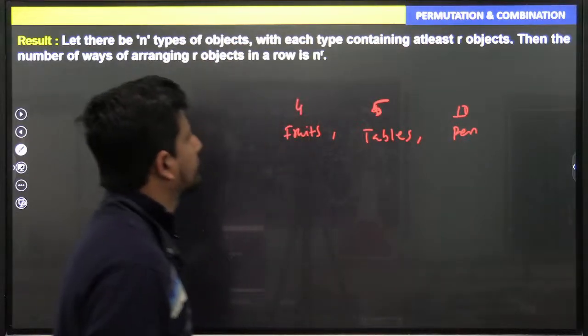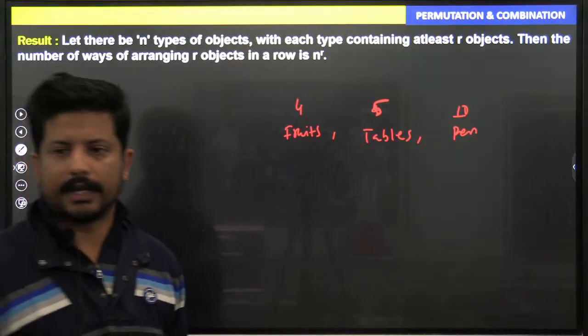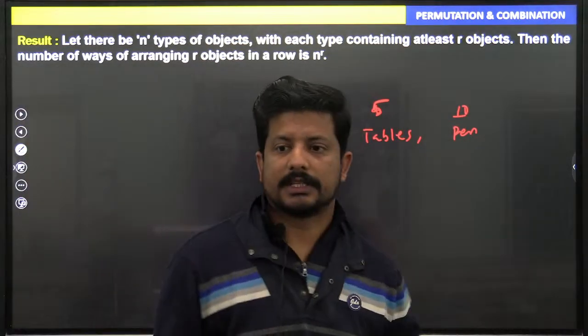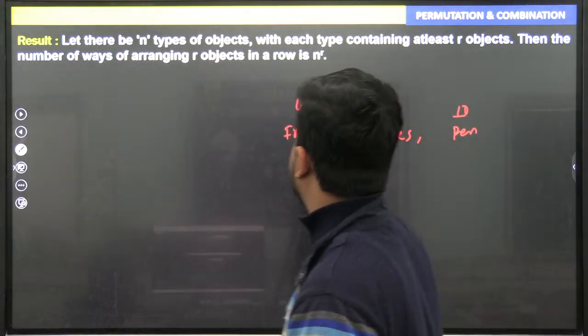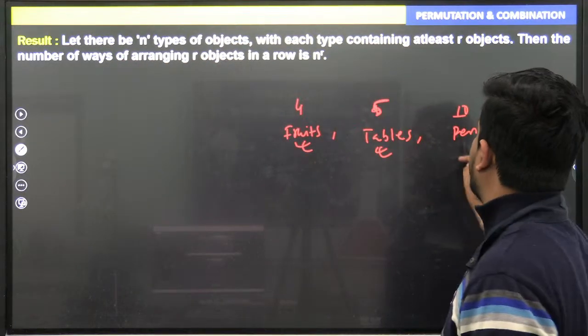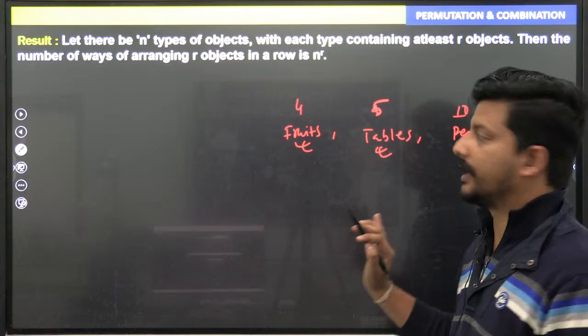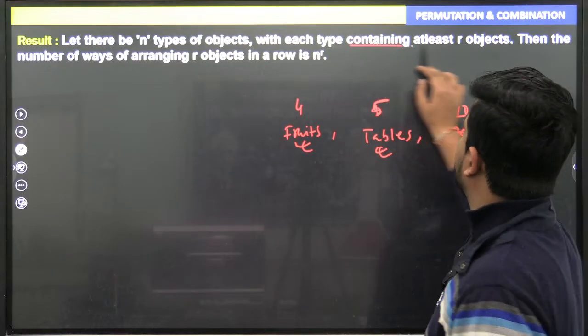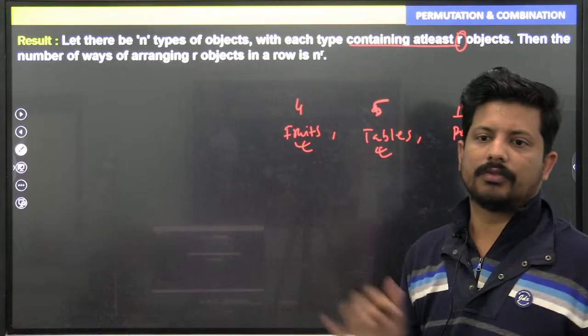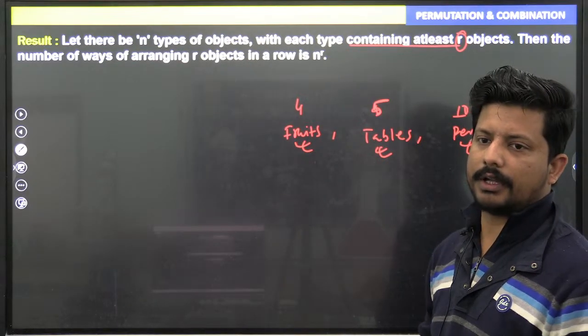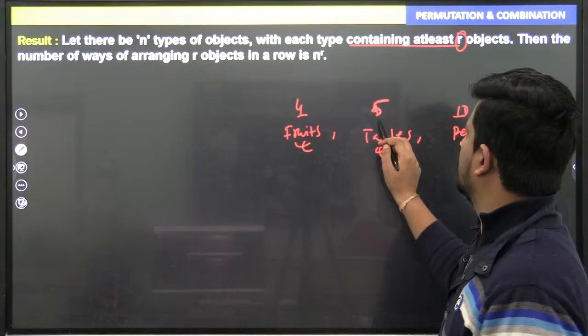Each type contains at least r objects, so here at least is 4.